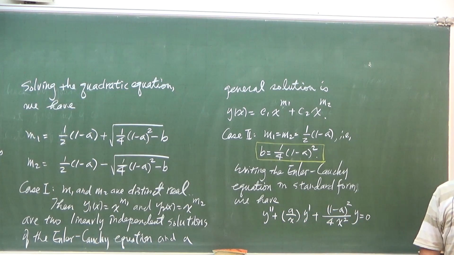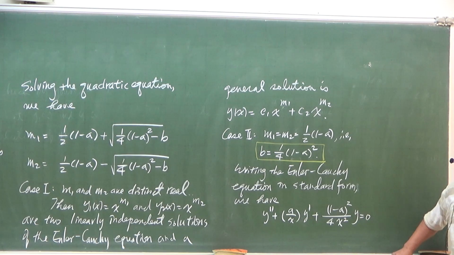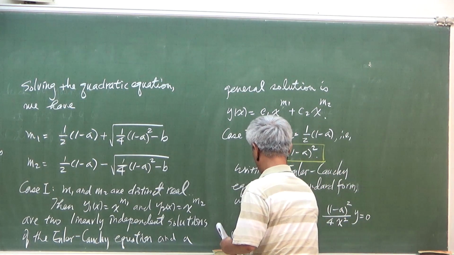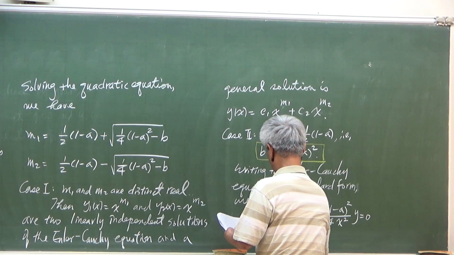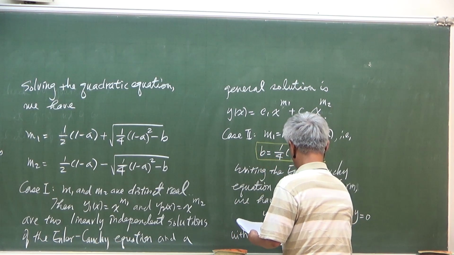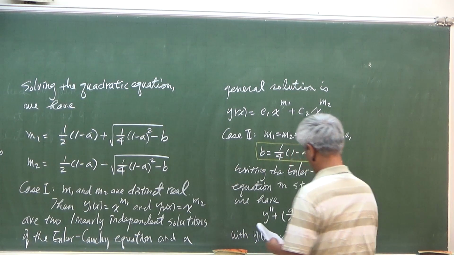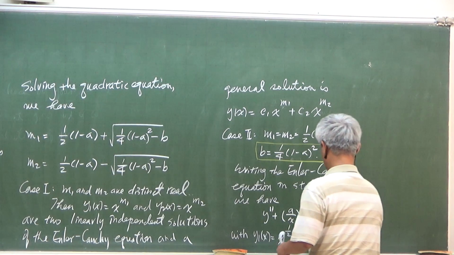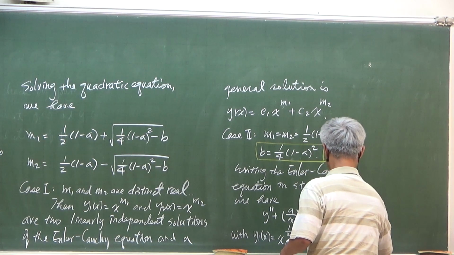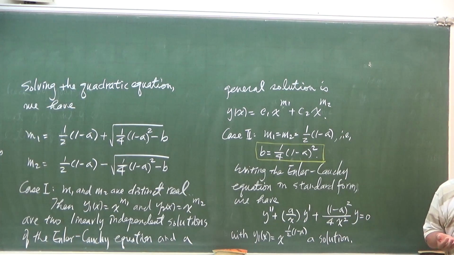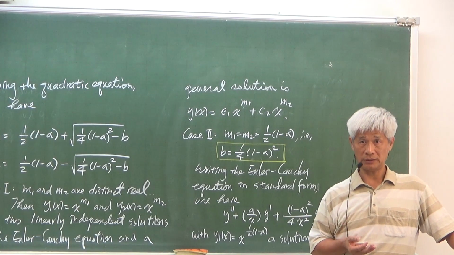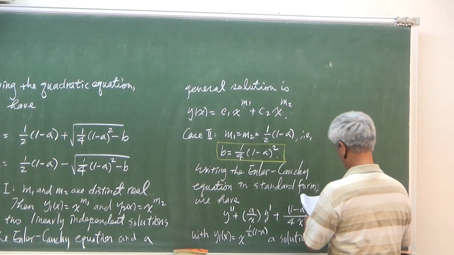Any questions? All right. And y1(x), which is equal to x to the 1/2 of (1 minus a) power, is a solution. Okay, so now we have a solution, so we can apply the method of reduction of order here again. Right?